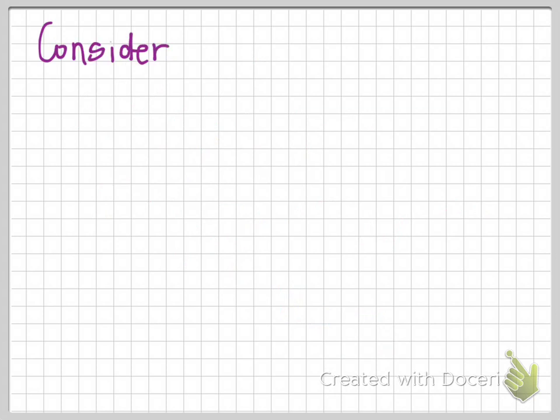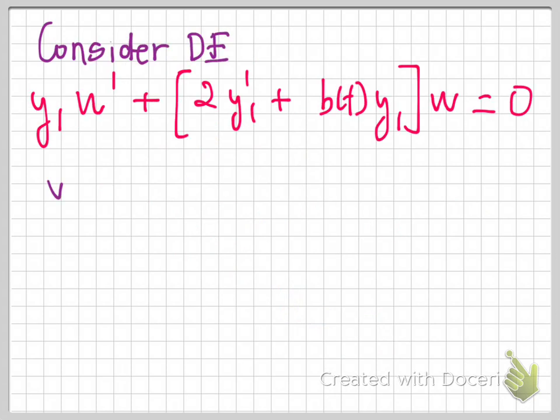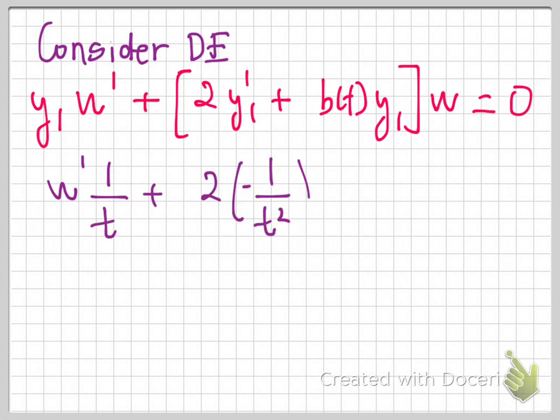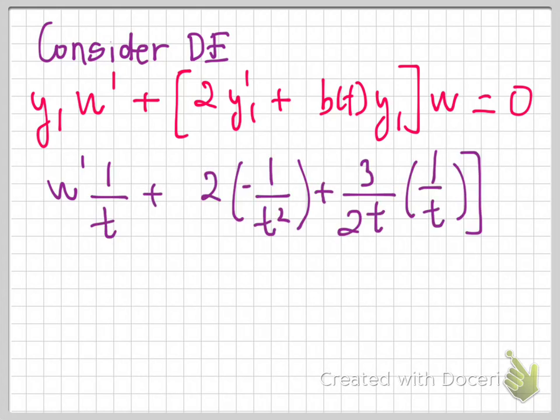Now that we have b(t) in the right form, we consider the equation y1 w' + (2y1' + b(t) y1) w = 0. We replace y1 with 1/t, y1' with -1/t², b(t) with 3/(2t), and y1 with 1/t.